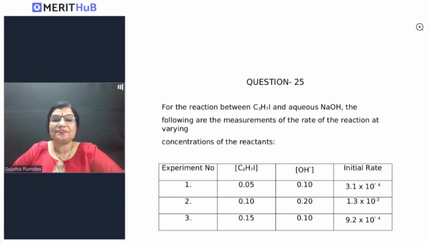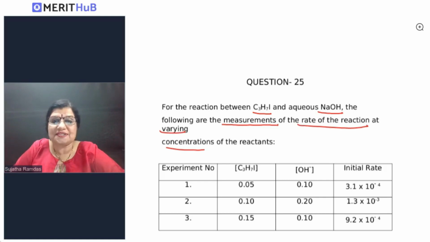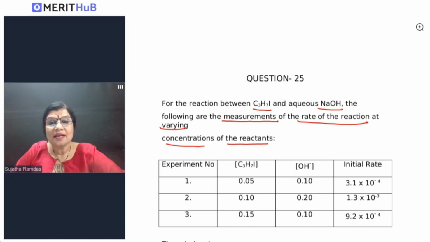Let's read the question. For the reaction between C3H7I and aqueous sodium hydroxide, the following are the measurements of the rate of reaction at varying concentrations of the reactants. So you notice that in experiment 1, these are the concentrations of the 2 reactants and this is the rate of the reaction.